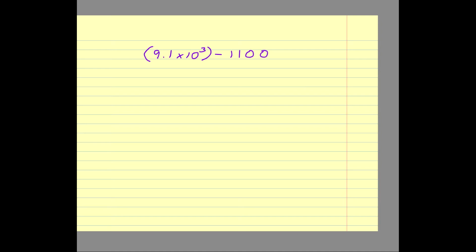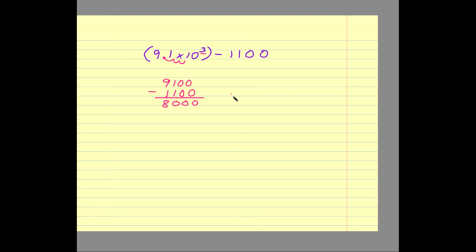I want you to see that even if you see it like this, you can move that decimal 3 places to the right because of that exponent and get 9,100 and subtract 1,100. And the answer is 8,000.